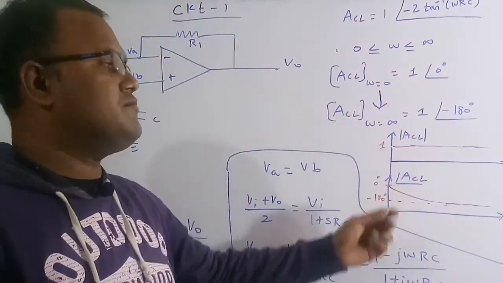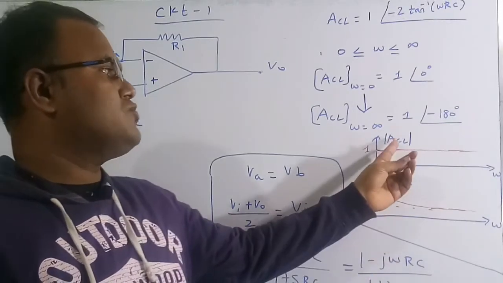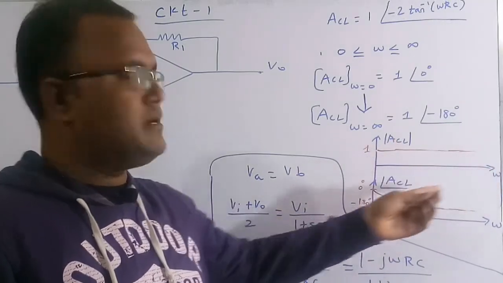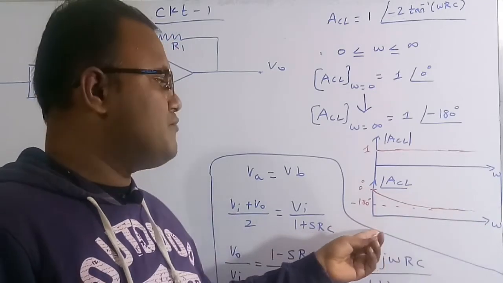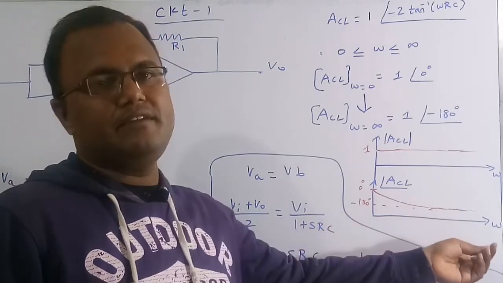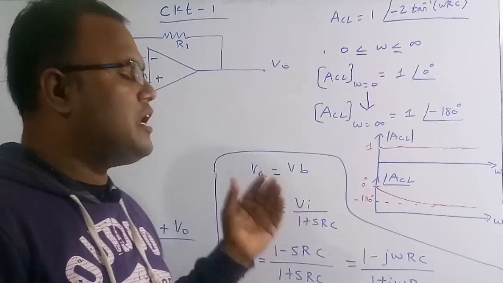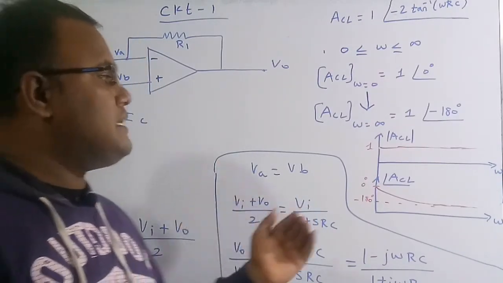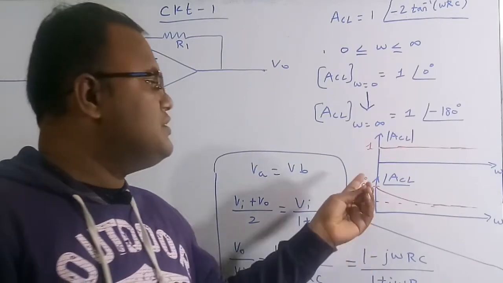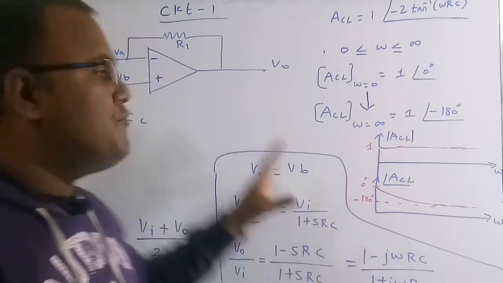If you draw the plot, the magnitude of the closed loop gain is 1 for all frequencies, but the phase angle changes from 0 degree to minus 180 degree as omega goes from 0 to infinity. So this all pass filter does not change the magnitude of the input, but adds an external phase shift of 0 to minus 180 degree.